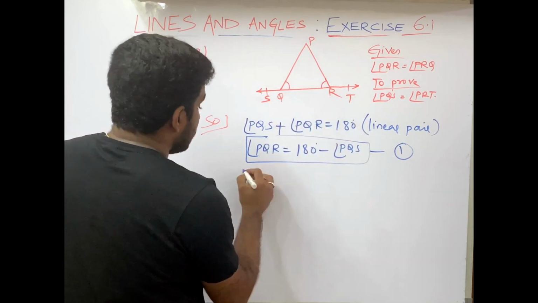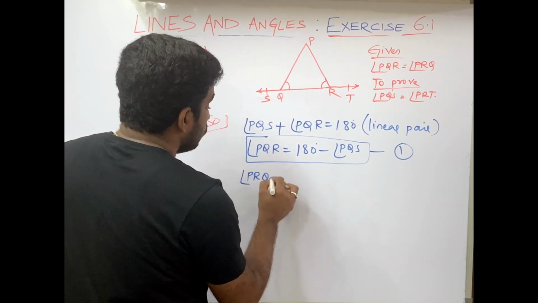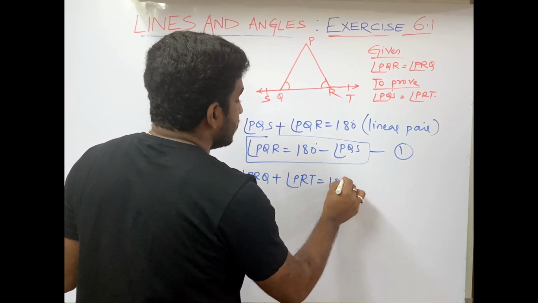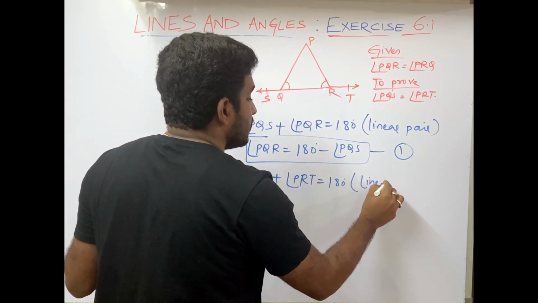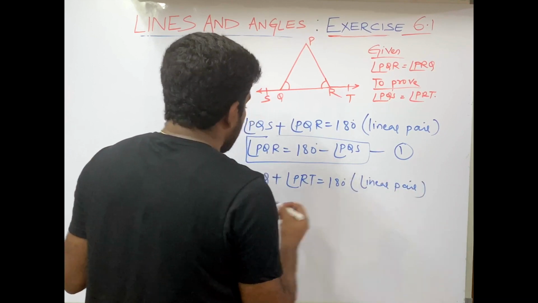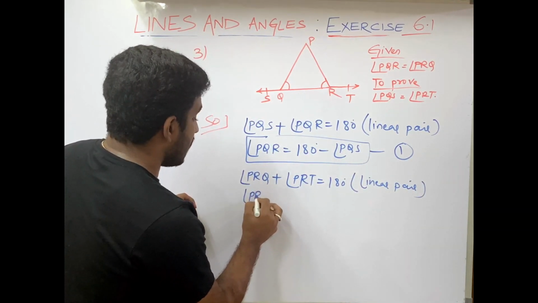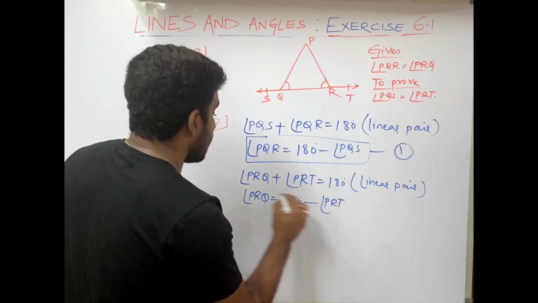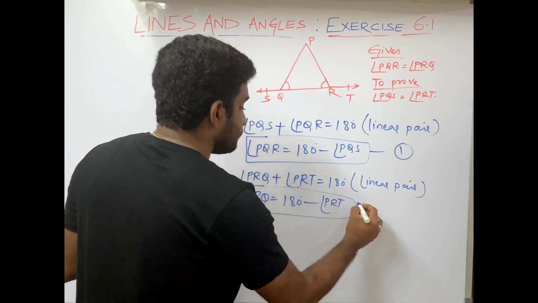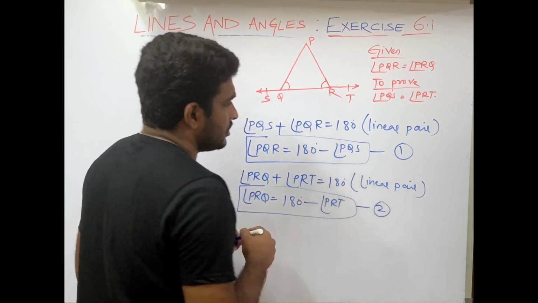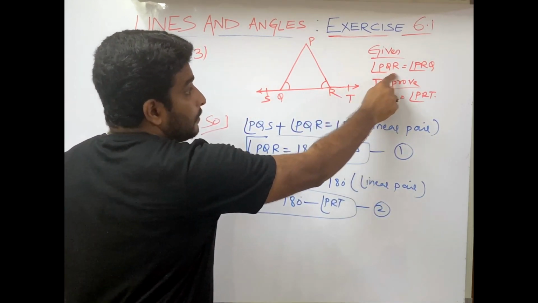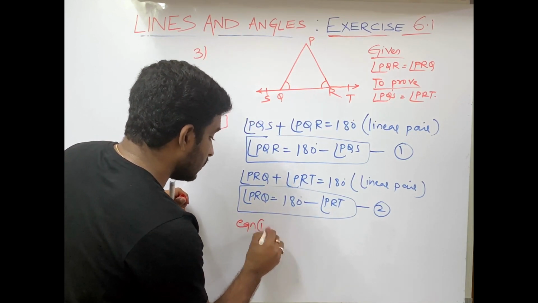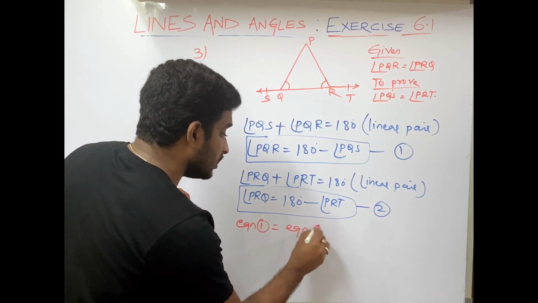Coming to the next thing, angle PRQ plus angle PRT equal to 180 degrees, linear pair. Same reason. Angle PRQ equal to 180 degrees minus angle PRT. We'll put it in a box and name it equation 2. Now we know angle PQR equal to angle PRQ. That means equation 1 is equal to equation 2.